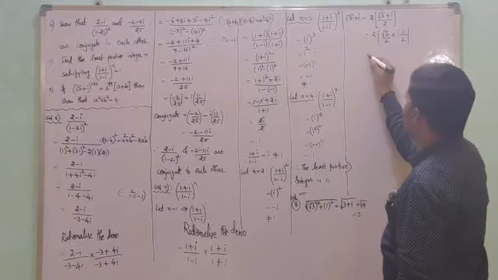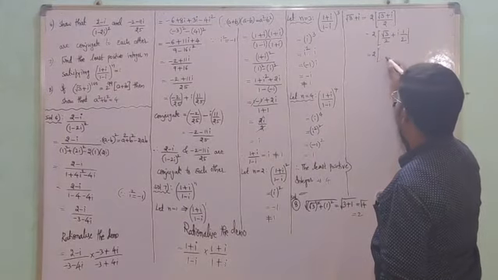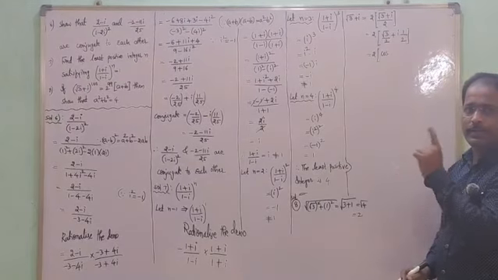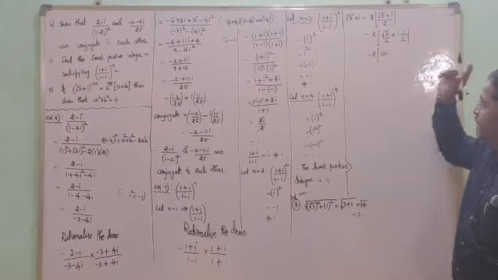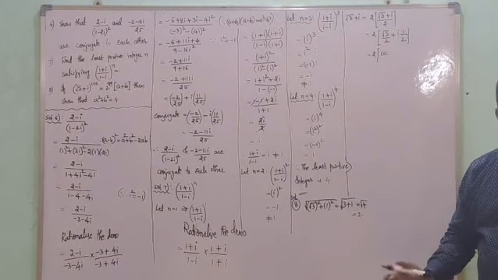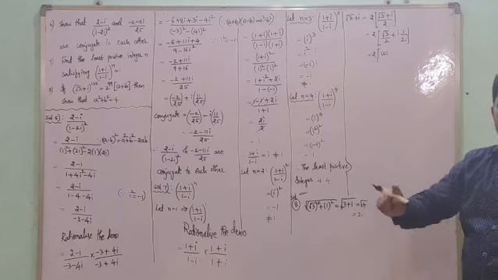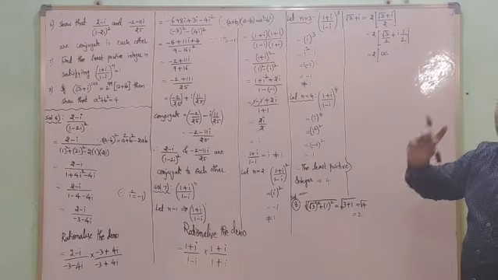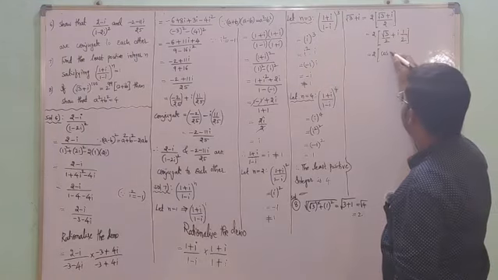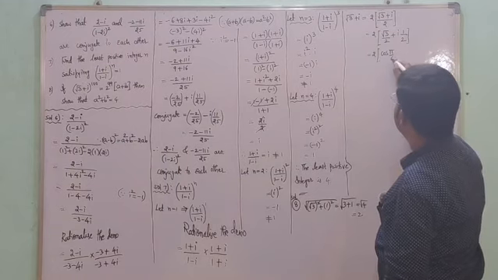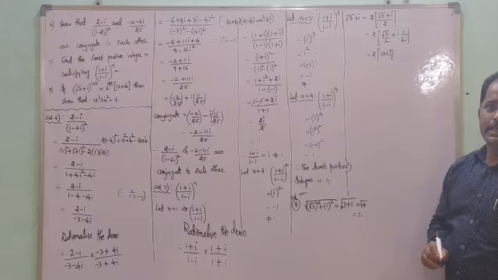A complex number should be written with the real part first in cos terms, and the imaginary part in sin terms. Remember, real part in cos, imaginary part in sin. Root 3 by 2 means cos 30 degree. Cos 30 degree means cos pi by 6.